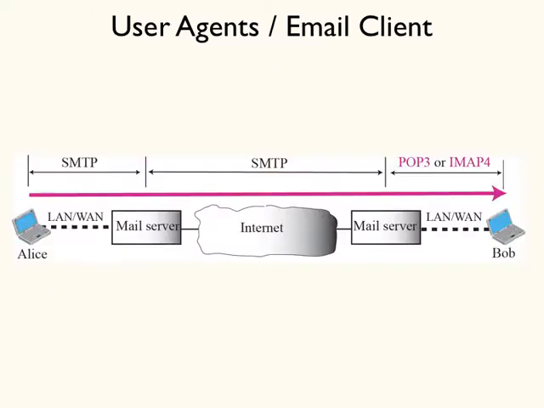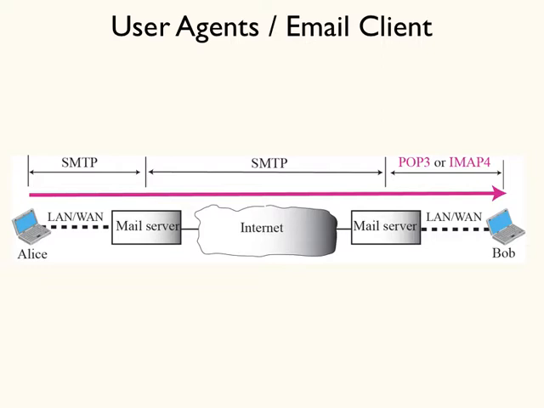So here are the protocols we're using. Let's say we have Alice. Alice has an email account at this mail server. When Alice sends an email to anyone using her account, her application will use SMTP to send a message to this mail server. And this mail server will use the internet to send this email to Bob's mail server.